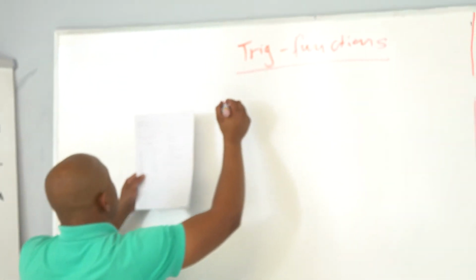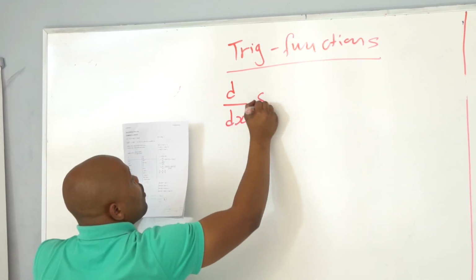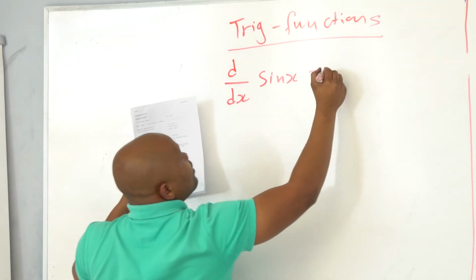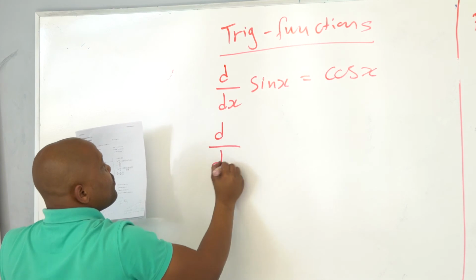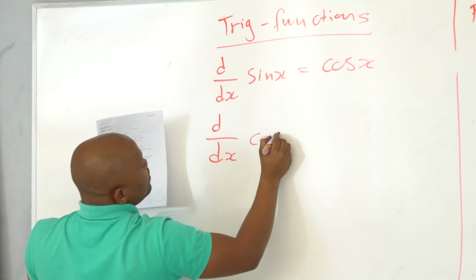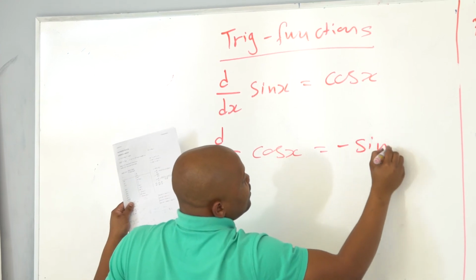According to this, the derivative in terms of x of sine x is given by cos x. The derivative of cos x is given by minus sine x.